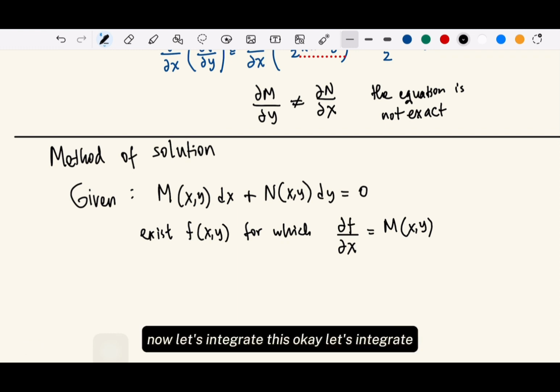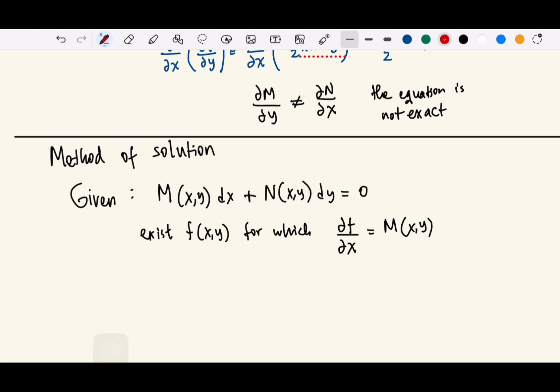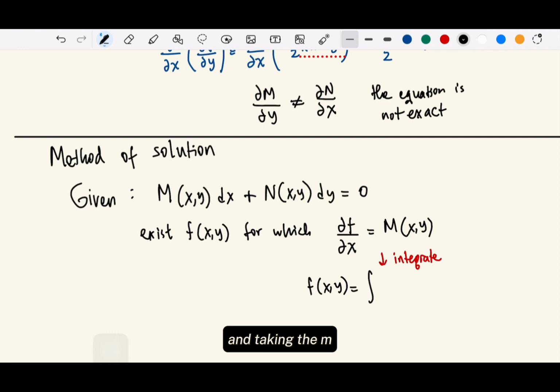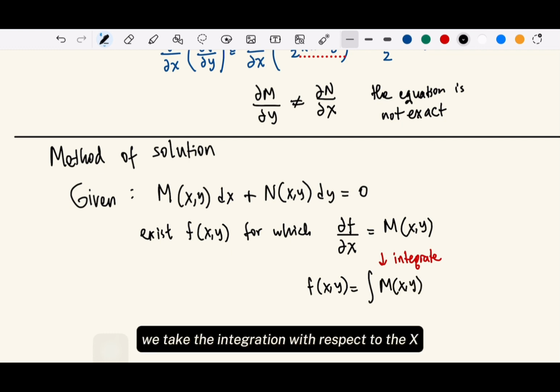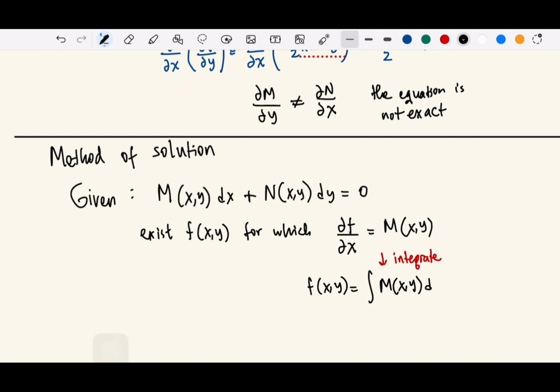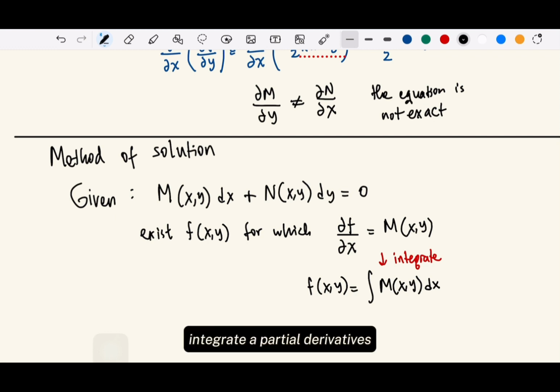Now let's integrate this. And then it becomes, taking the M, we take the integration with respect to dx. But we need to have a plus something, right? Since it's partial, if we integrate a partial derivative, another component that should come out is a function of the other variables.